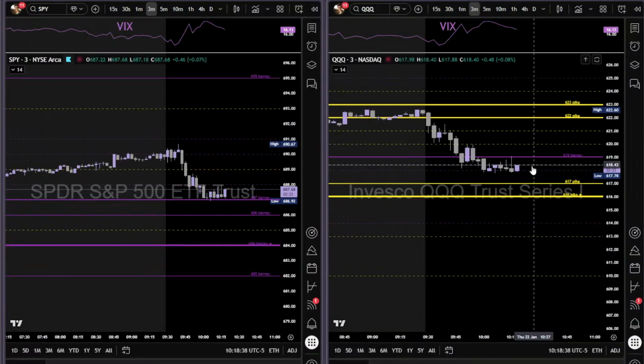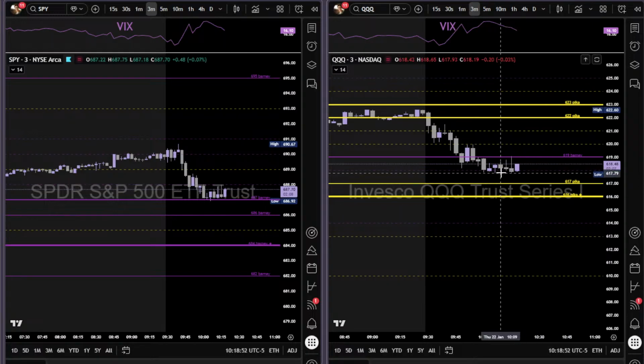You can see it over here on this chart. We went right up to 19, stopped, came back down. Now we're going back up again. So come and tap it again.